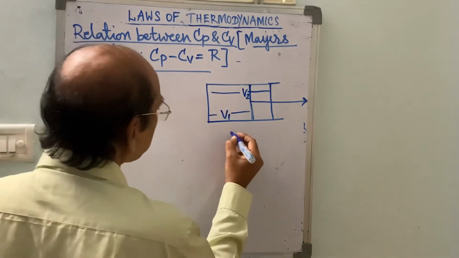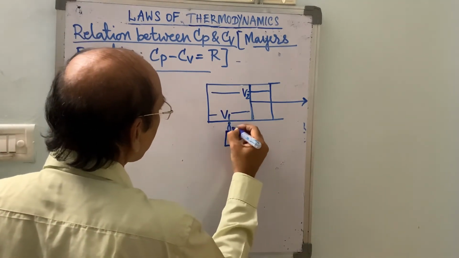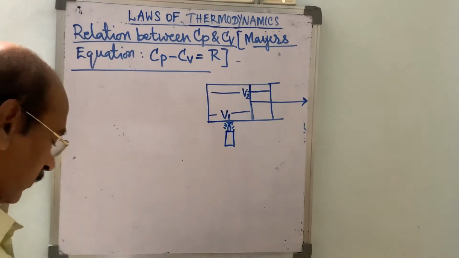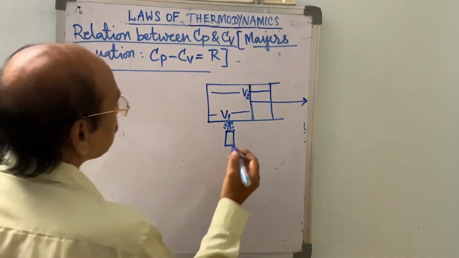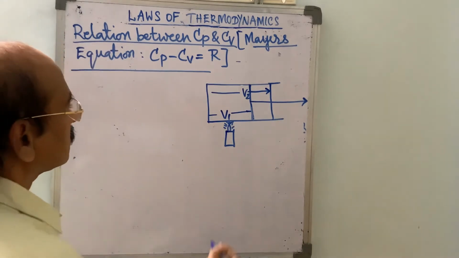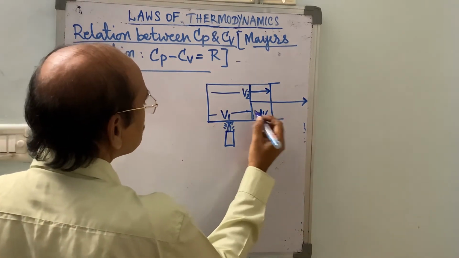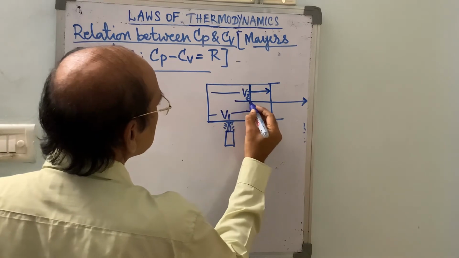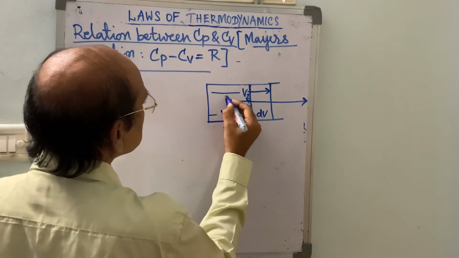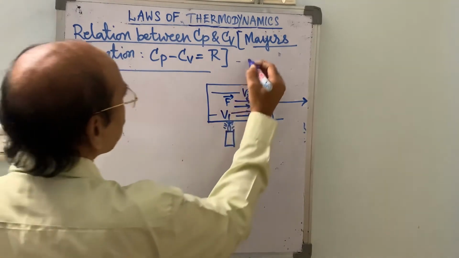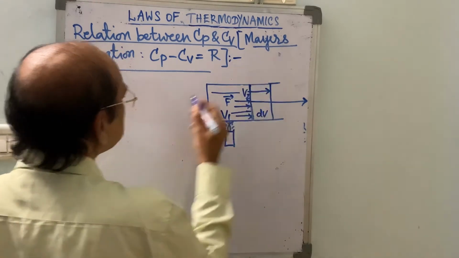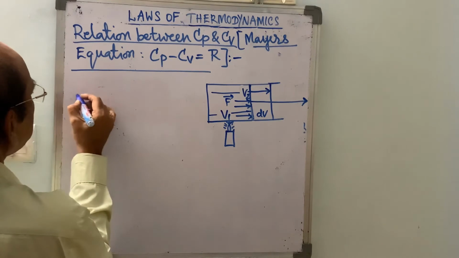So when we supply some heat energy at constant pressure, the volume increases. When the temperature of the gas increases, some force acts on the piston.